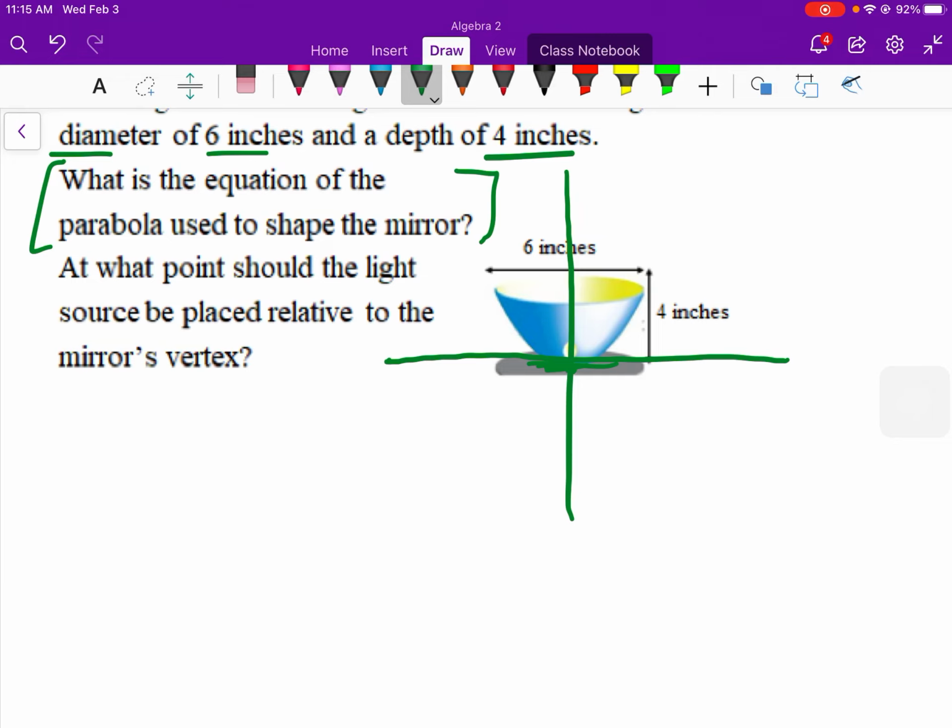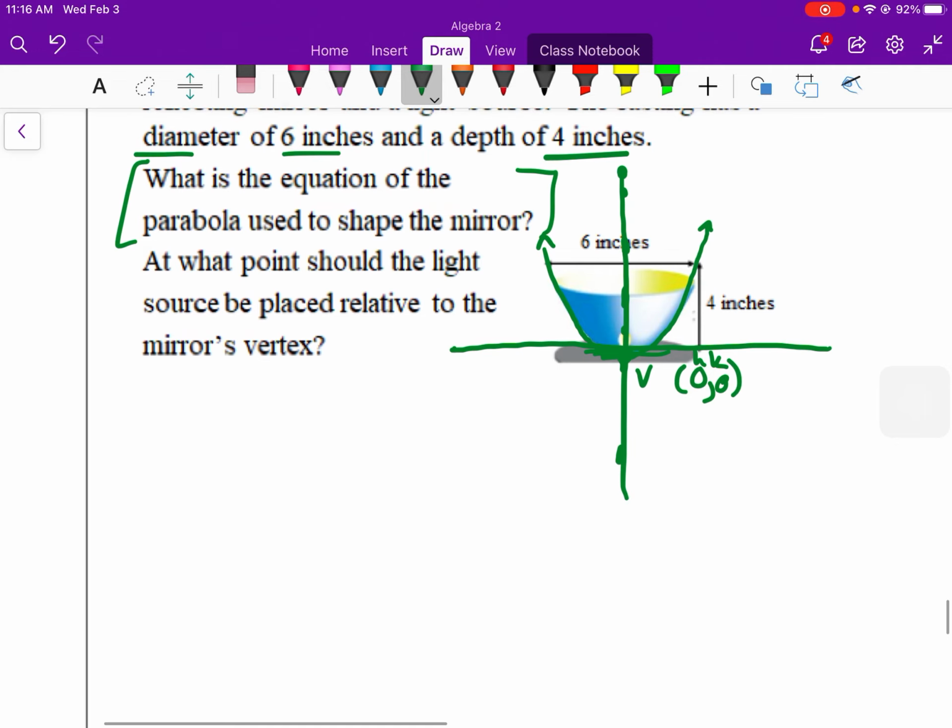If the bottom right here, where the y-axis crosses, that's going to be our vertex. So the vertex is going to be the point 0, 0 for our h, k. And we can see that it opens upwards from that point.